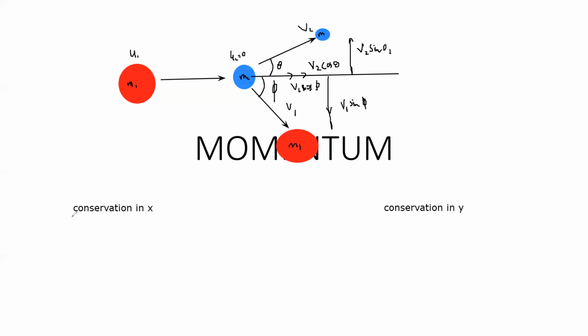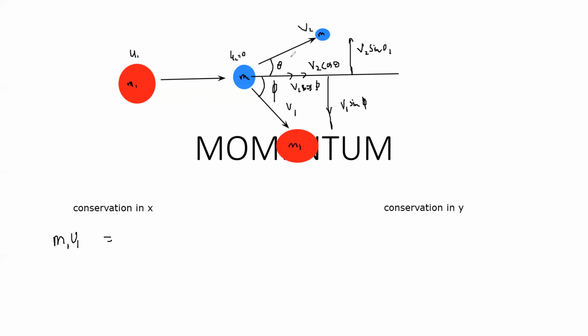When we check the conservation in the x direction, the initial momentum: this object was moving horizontally, so its momentum is m1 u1, plus the second object was stationary, so its momentum is 0. This equals the momentum after collision.